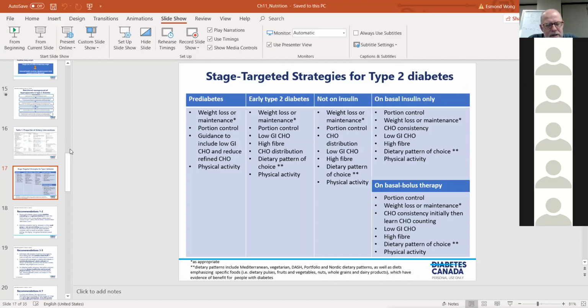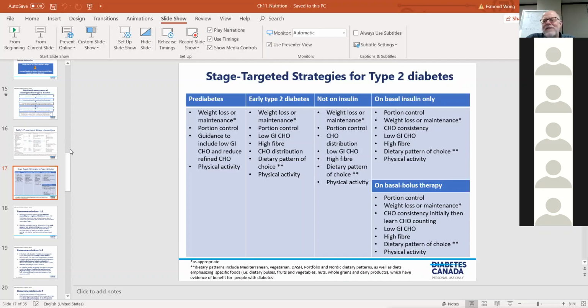So if you've got someone with type 2 diabetes and not on insulin, what's the difference there? It's about the same, I would say, as the early type 2.